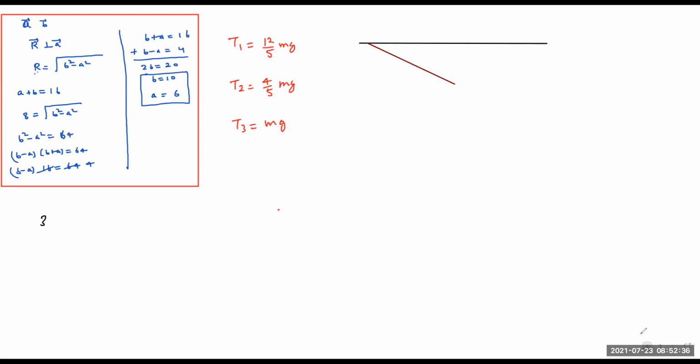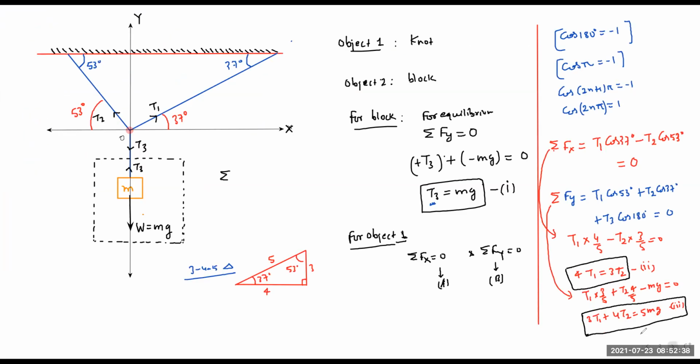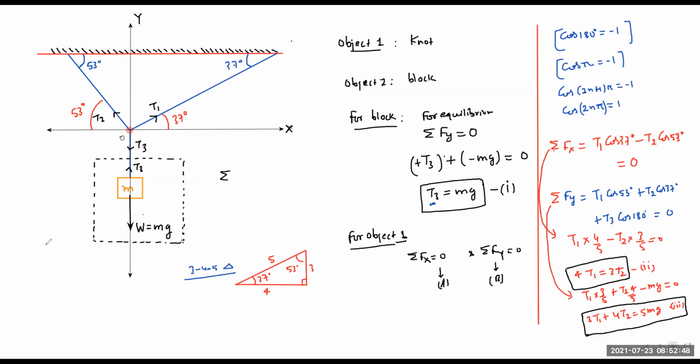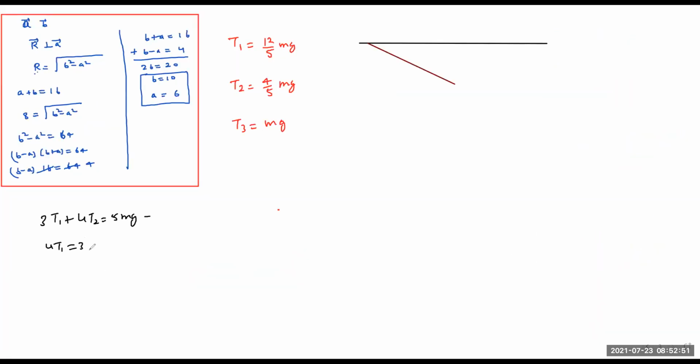Okay, no problem. So 3T1 plus 4T2 is 5 mg. And the other one was how much? 4T1 is 3T2. So T1 is how much? We can write T1 is equal to 3T2 by 4. Correct. Now can you substitute here? 3T2 by 4 times 3 plus 4T2 is 5 mg.